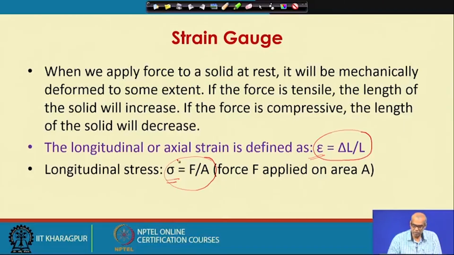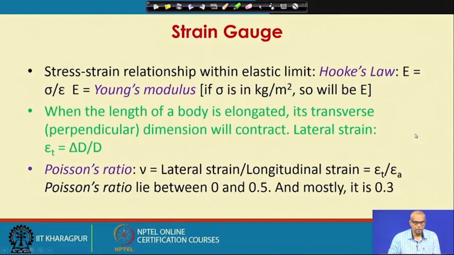So, longitudinal stress is force F applied on area A. Stress strain relationship within elastic limit is represented by Hooke's law, where E or Young's modulus is equal to sigma by epsilon. So, stress divided by strain.